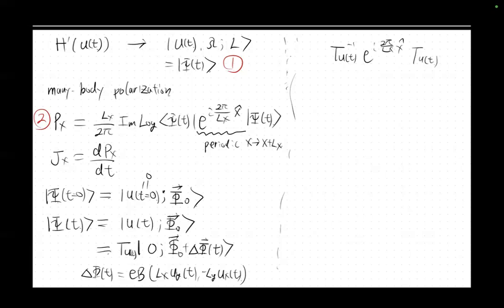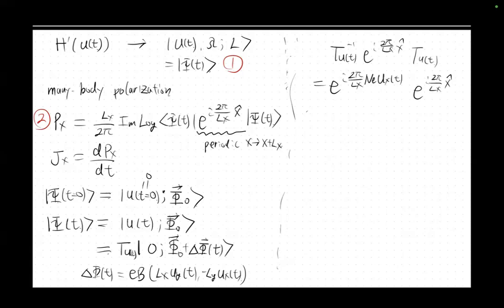So what this does is it simply turns it into e^{i 2π/L_x e u_x(t)} times e^{i 2π/L_x x̂}. So the magnetic translation part just goes through and gives you constant factors that will then contribute to current.